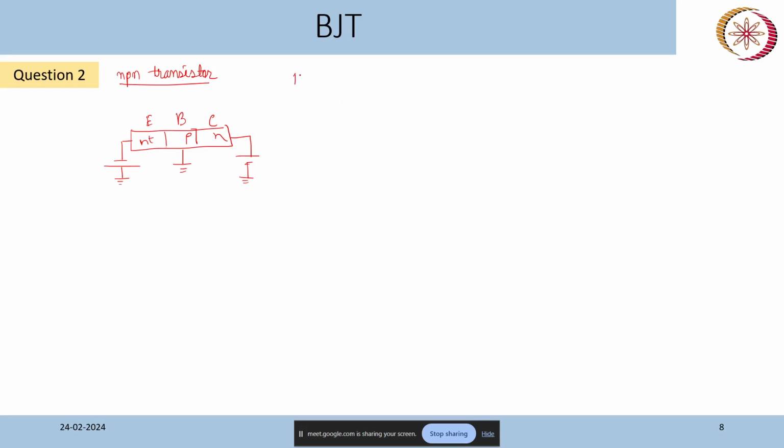So what is the forward active region? The emitter base junction is forward biased. Just connect it to negative.